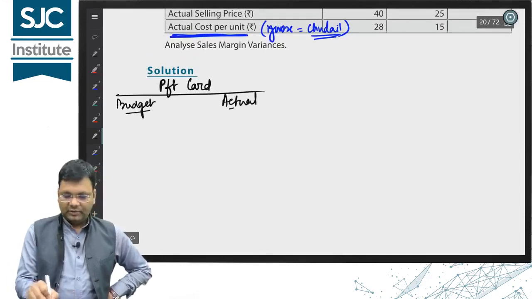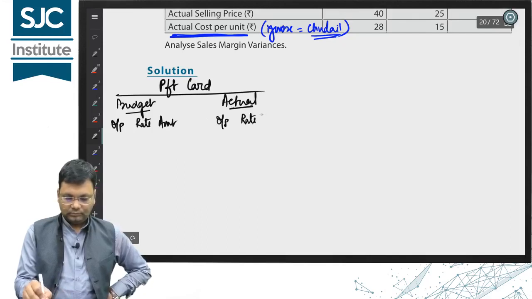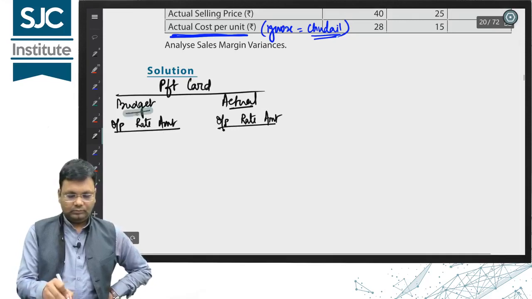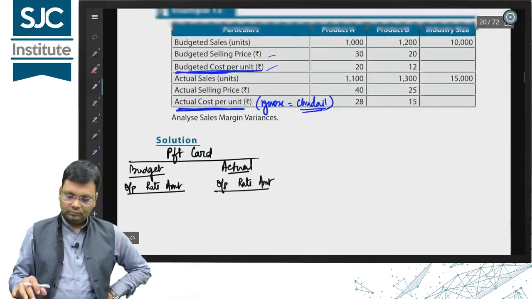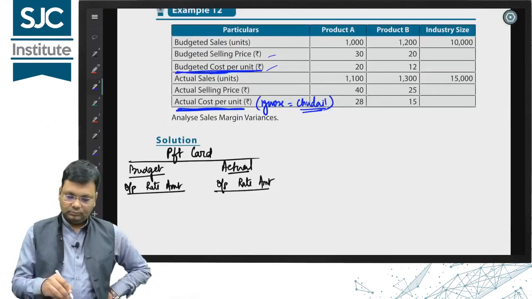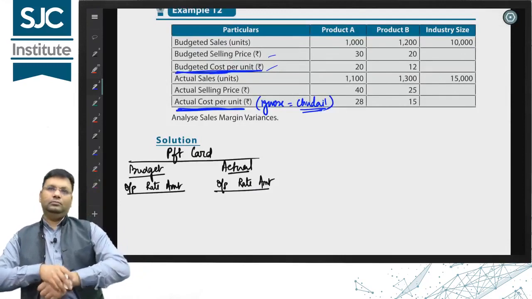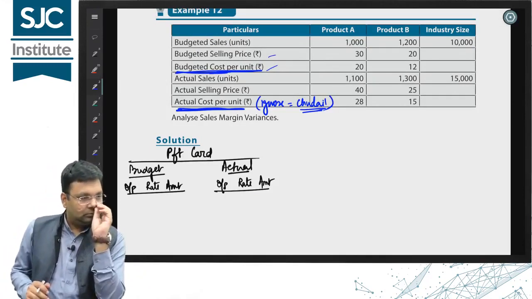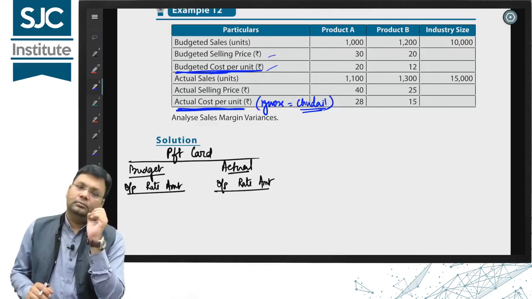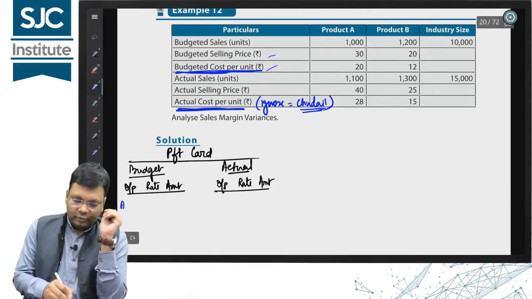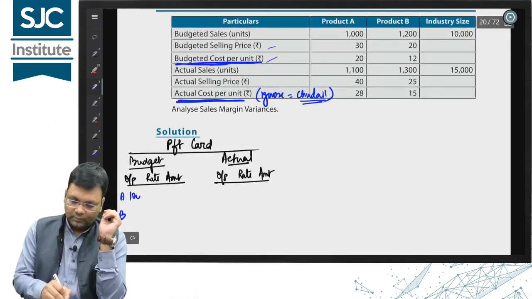Budget, actual. We have two products, A and B. 1000, 1200.